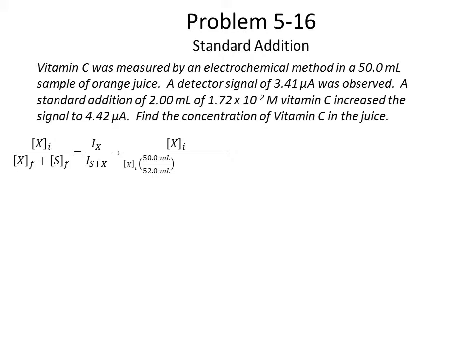So in the denominator, on the left side, we have Xi times 50 divided by 52, plus the final spike concentration, 0.0006615 molar. On the right side, we insert the detector signal before the spike was added, 3.41 microamps in the numerator, and after the spike was added, 4.42 microamps in the denominator.